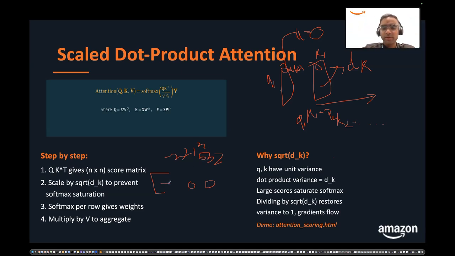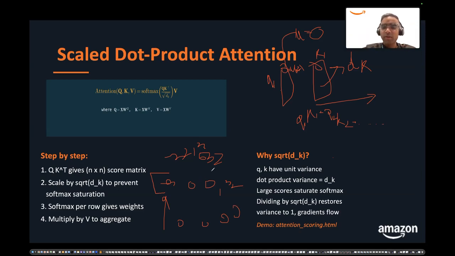So let's say it goes to minus 32 over here, it goes to 32 over here. I do no scaling. I take a softmax. My softmax would spike up, spike down. I would be taking almost zero values from some of the tokens. There is complete information loss from those tokens. Would I want to do that? No. I would want a smoother distribution to take some information from other tokens as well.